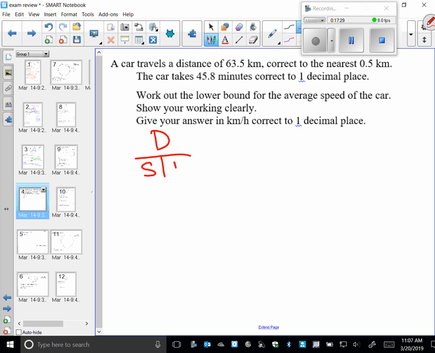resistance triangle. So that means that you are looking at this one, so you cover it up, and you see distance divided by time. So that means that it would be 45.8 divided by the time, which we'll get to. Distance is 63.5 divided by the time, which we'll get to in a second.